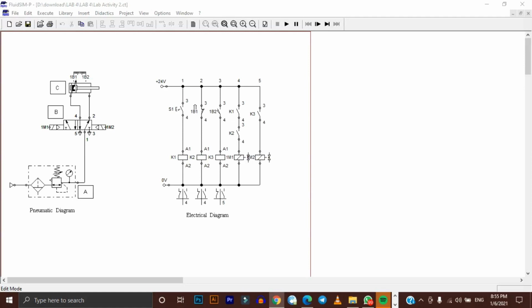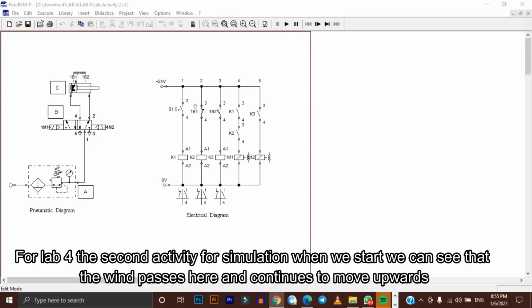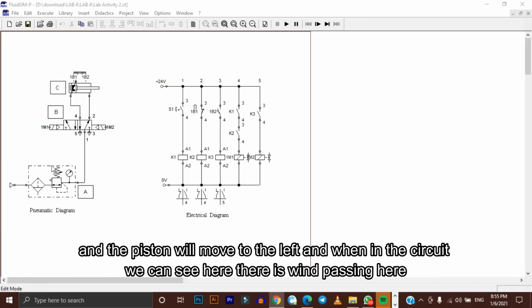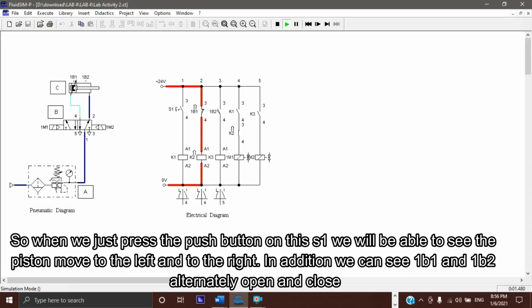Okay, hi and assalamualaikum. So today for lab 4, the second activity, for the simulation, when we start, we can see that the wind passes here and continues to move upwards, and the piston will move to the left. In this circuit, we can see there is wind passing here and here.